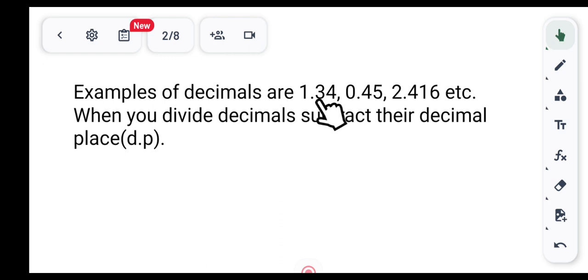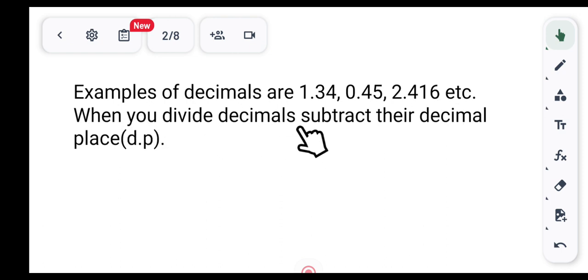That's just two numbers after the point, so we say it is a two decimal place number. This one also has two digits after the point, so it is a two decimal place number. This one after the point has three digits, so we say it's a three decimal place number, 3DP in short.